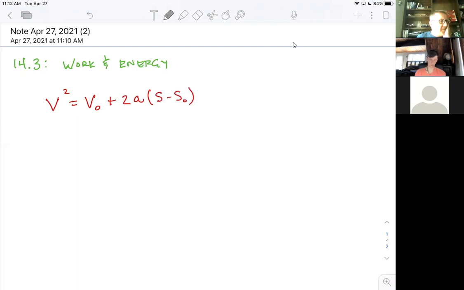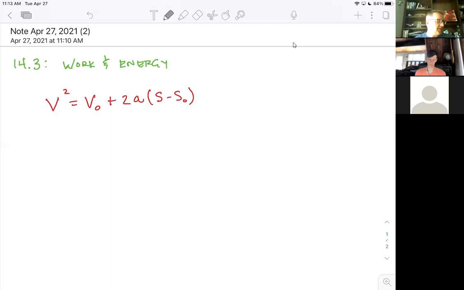I didn't show you that to prove it was true, or to teach you a little algebra. I just wanted to show you that it came from something. The important part is that we took the time to do it, not that all the algebra worked out. It came from position and velocity and acceleration. So this is just an equation that tells us how velocity, acceleration and position are all related to each other.